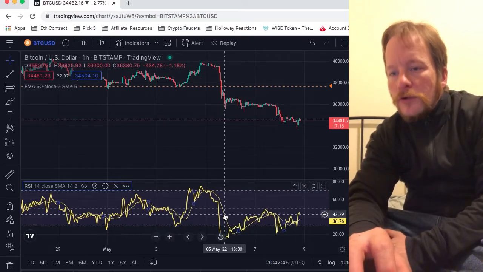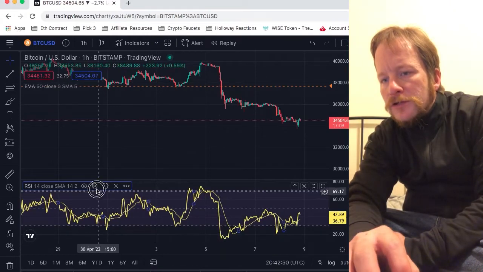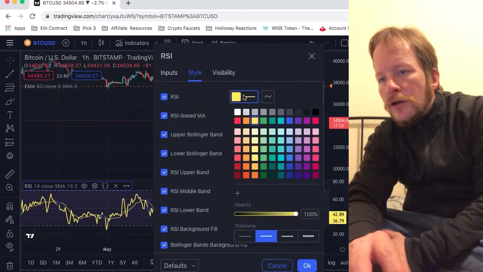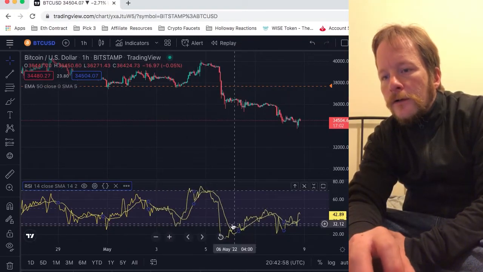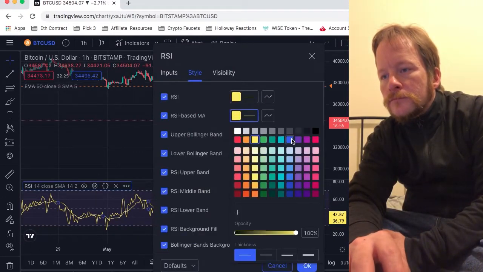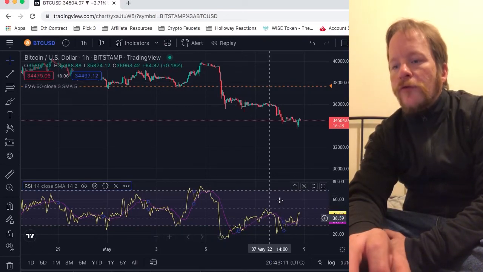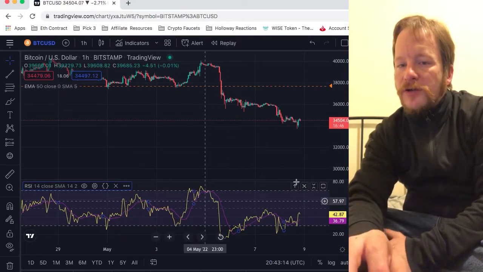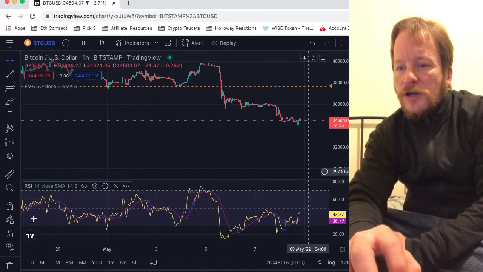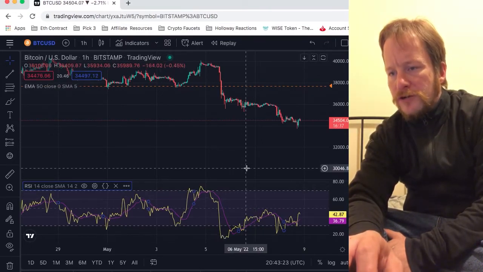We really need just the RSI. It's too thick. Okay, so I kind of reversed them. The purple line is supposed to be the yellow line, but you guys get the point. The RSI is this yellow, and you can see it a little bit more clearly on the screen.